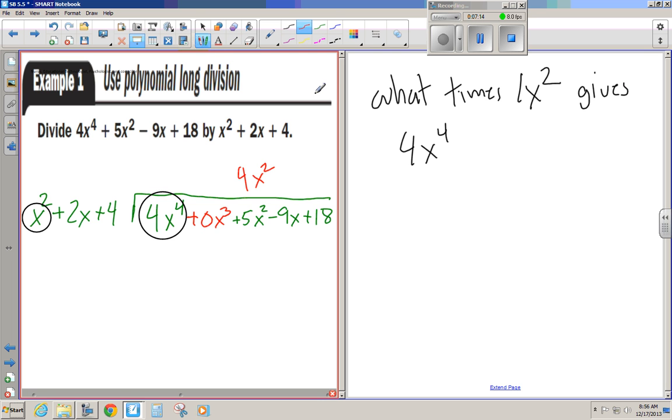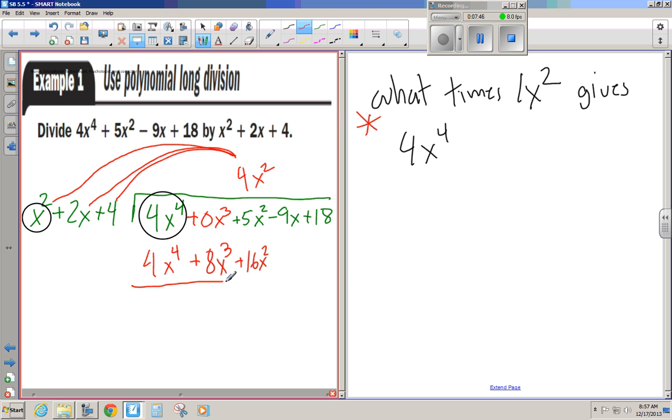Once you do this part, you now just look at it and say, all right, this times x squared gives me 4x to the fourth. Then this times 2x, well, 4 times 2 is 8. X squared times x is x cubed. And then 4x squared times 4 gives me 16x squared.